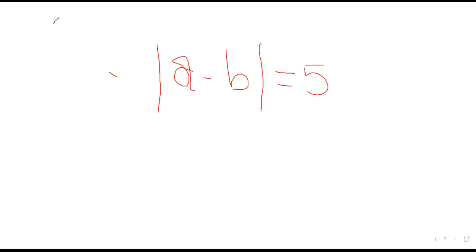Positive difference means that when you subtract A minus B, you get plus 5 or minus 5 as per this. So we have the two values with both the signs. That is also what the absolute value indicates. So this is the meaning of absolute, either minus 5 or plus 5. Solve for A in both cases.